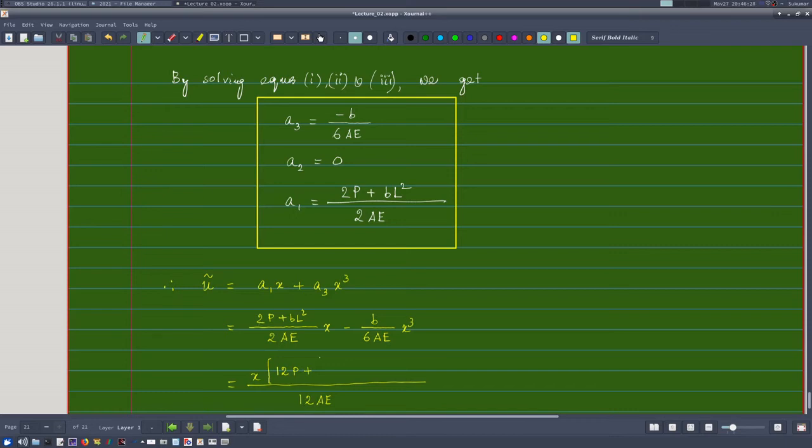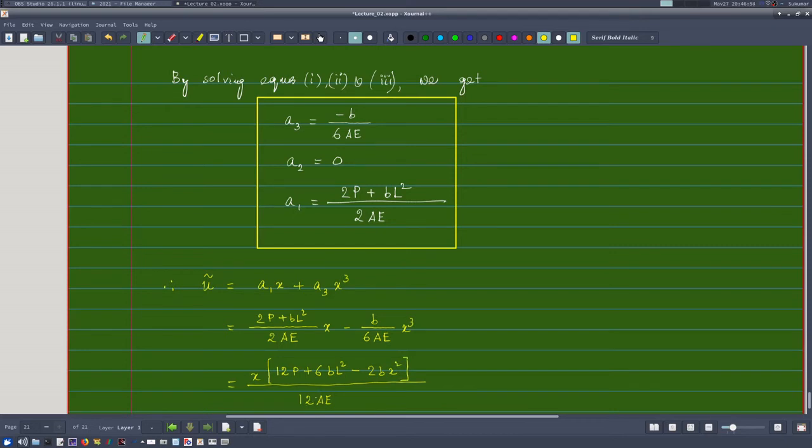So 6 BL square minus twice B x square, and this was exactly same as our original analytical solution.